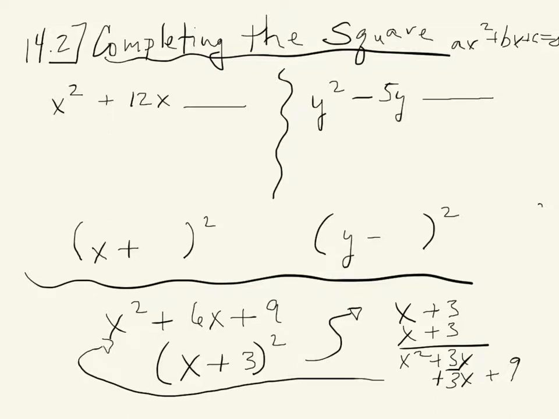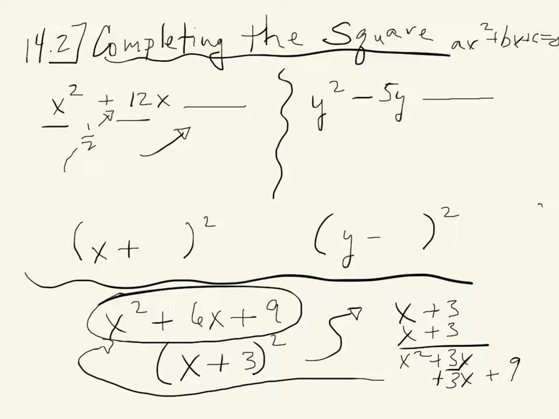up to this. So what we're doing here is trying to find out what this is. They give us the first term and the middle term. Well, I can tell you this last term is half of the middle term, squared. So what's half of 12?